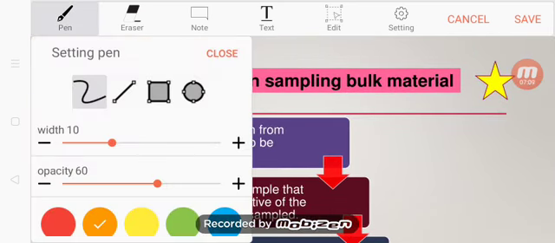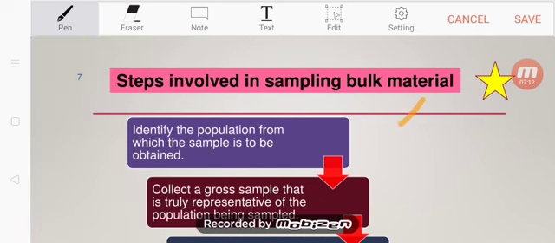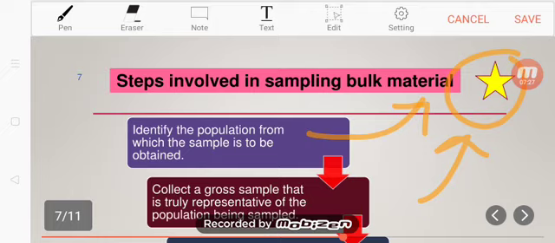Since there is a star in the slide, it indicates that this is one of the favorite questions that might be asked in the exam.